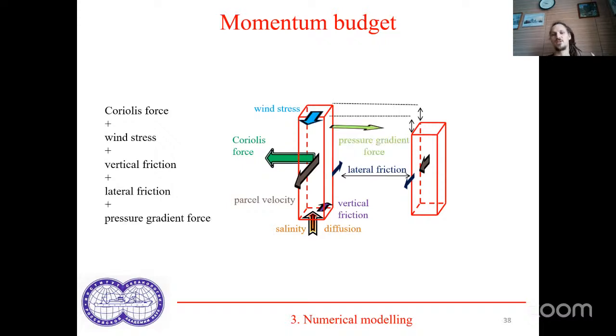If we have a parcel which is bigger than a nearby parcel, we have a horizontal pressure gradient, which provides pressure gradient force. And as a result, we calculate acceleration of the parcel, so we have the momentum budget of the parcel.